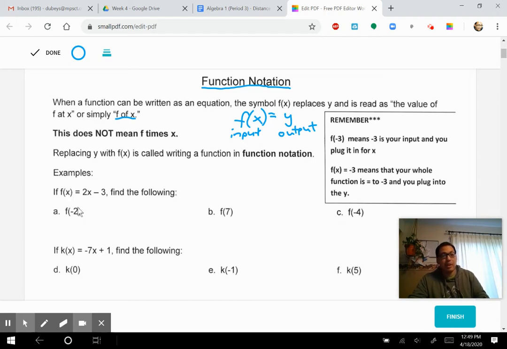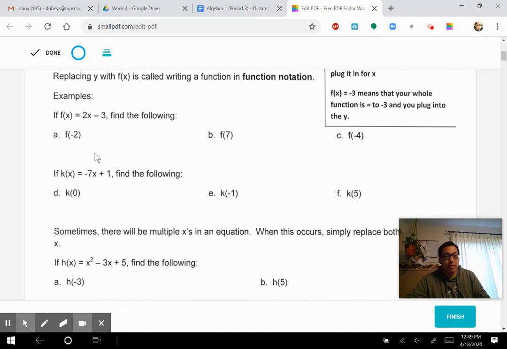So let's do a couple of examples of function notation as equations. Scroll down. Here we've got an example. f of x equals 2x minus 3.